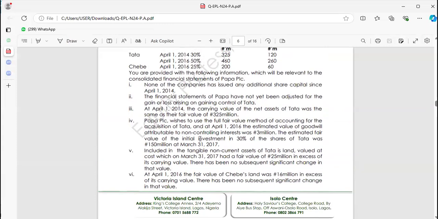The estimated fair value of the initial investment in 30% shares of Tata was now 150. It says at 31st March 2016, not 2017. So you must know the question will give you, but sometimes the question will not give you.